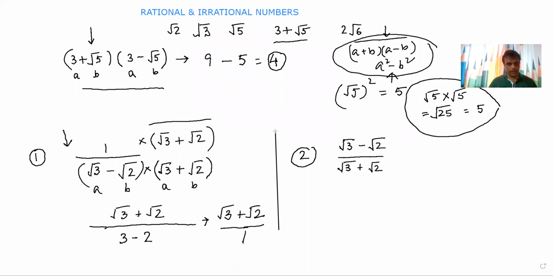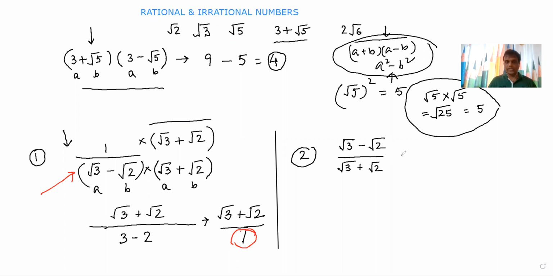I hope I could make it clear for you. Please note that what we are trying to do is the rationalization of the denominator. So the number which comes is again an irrational number, but the denominator has been rationalized.